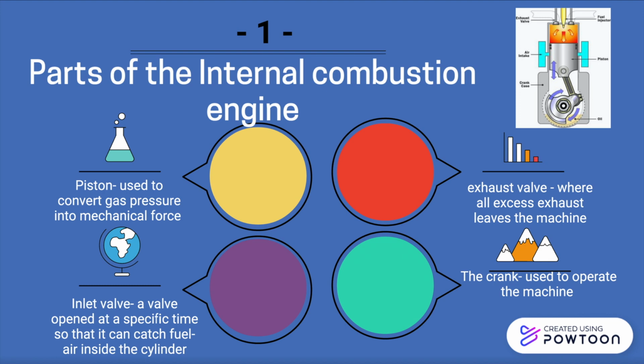First off, we have the piston, and the piston is used to convert gas pressure into mechanical force. The piston is basically taking all of the fuel-air mixture that is sucked into the cylinder and pressuring it all the way to the top and making it mechanical force.